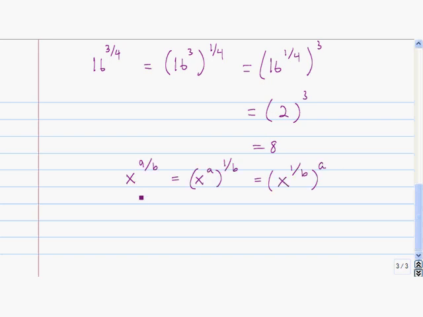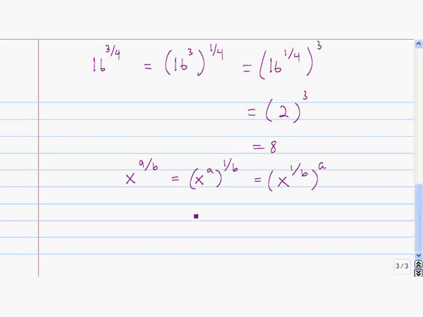Okay, so in general, x to the a over b power can be written as x to the a raised to the 1 over b, or as x to the 1 over b raised to the a power. And the reason that this is true is because of the properties of exponents. If we have an exponent of x, and then that whole thing is raised to another exponent, we multiply exponents.